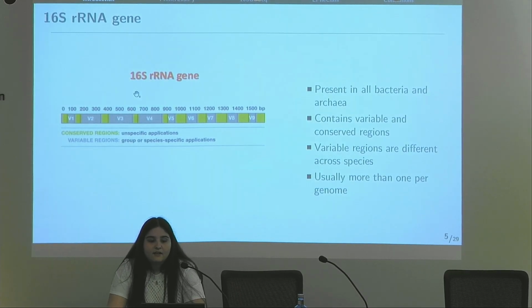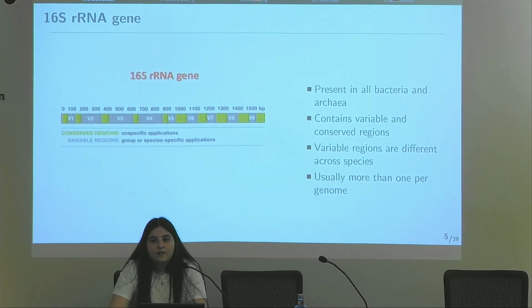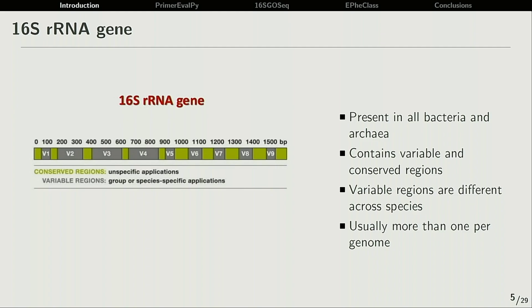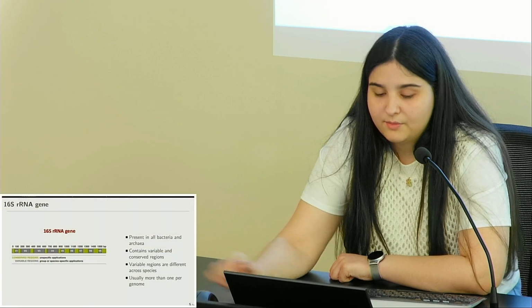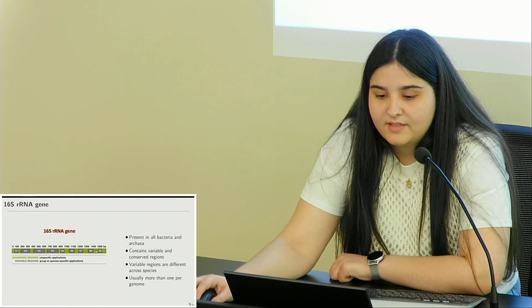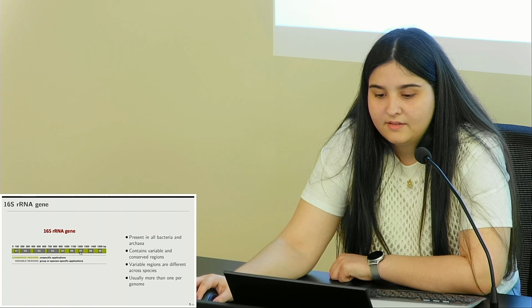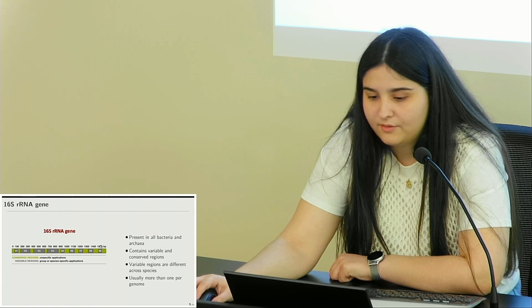The 16S rRNA gene is a gene that is found in all bacteria and archaea, and it is considered a phylogenetic marker, meaning that we can use it to taxonomically identify both of these microorganisms. To do that, we have variable regions and conserved regions. In green, we can see the conserved regions, and in gray, the 9 variable regions.